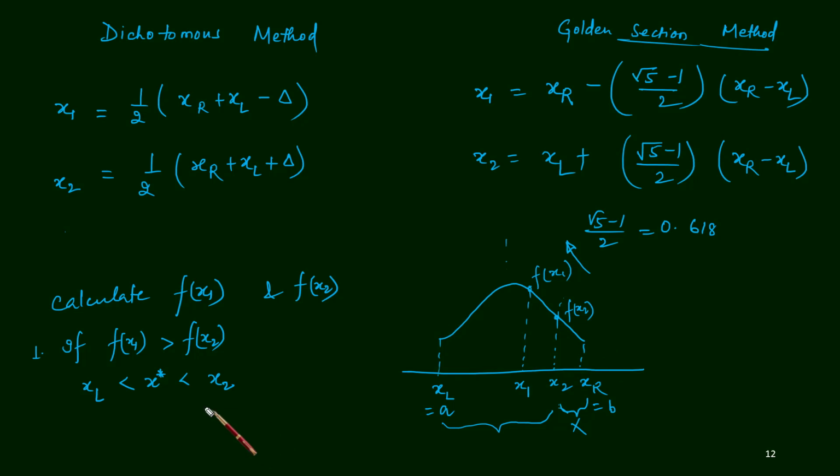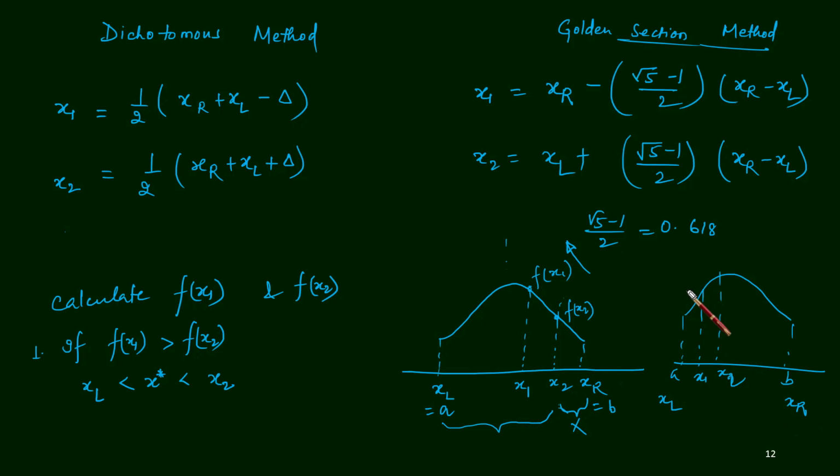In case suppose this is the function, and here is a and b, this is x1 and this is x2. So this is xl and this is xr.